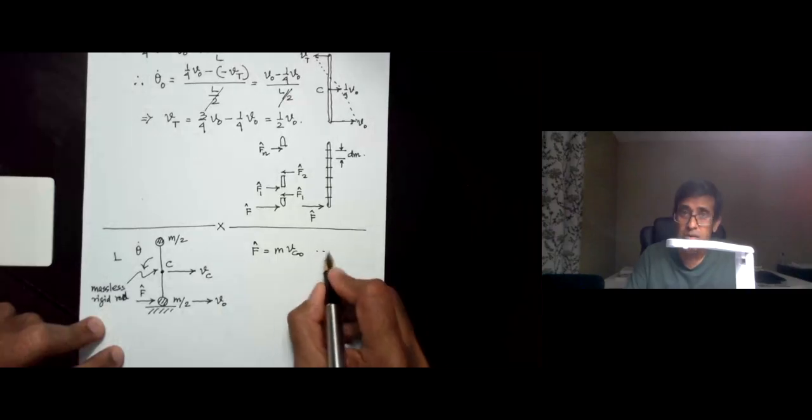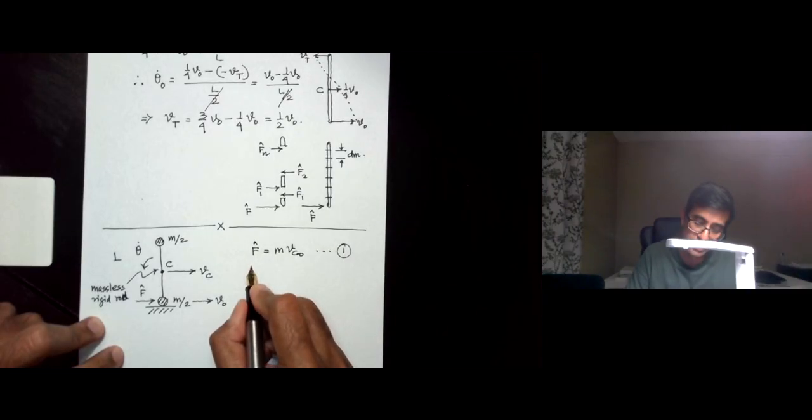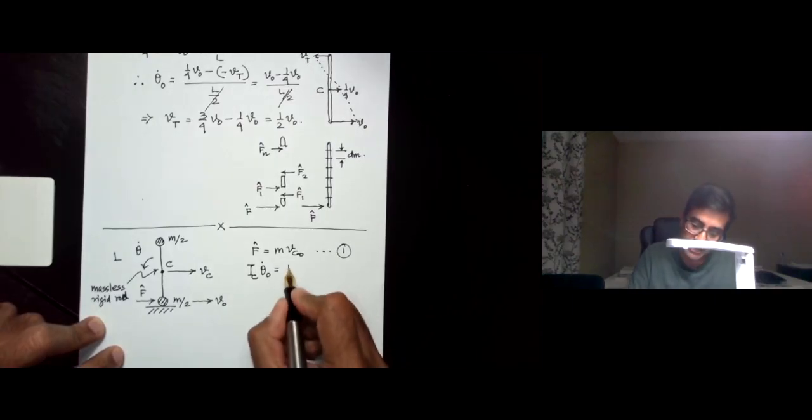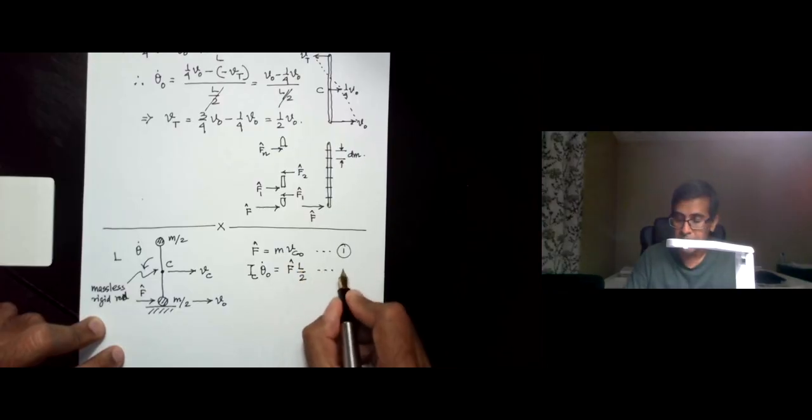So we still have this equation. Let's call it equation 1, and we still have the rotational equation, which is IC times theta dot naught, which is the change in the angular momentum, is equal to the angular impulse, so that is f hat times L over 2. That equation remains the same.